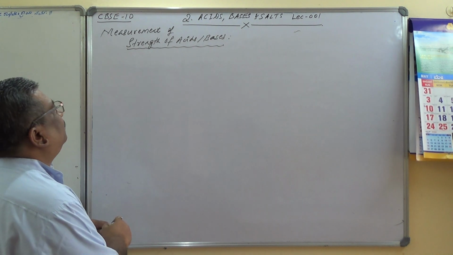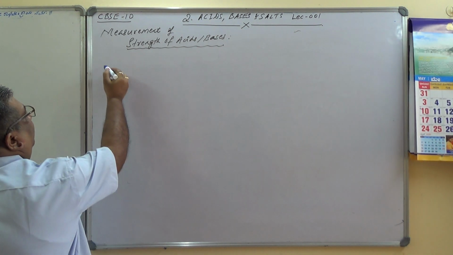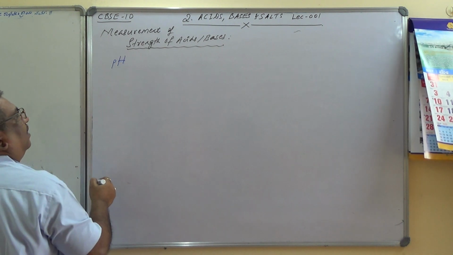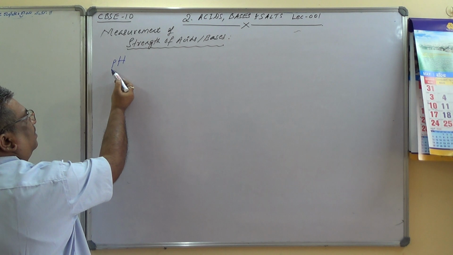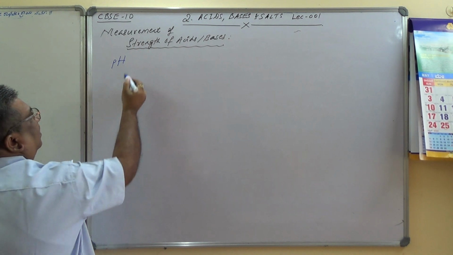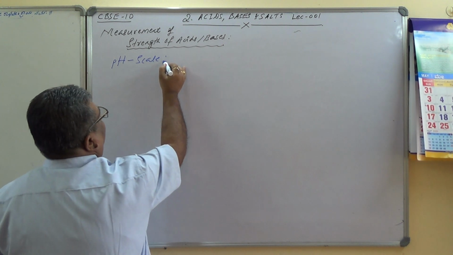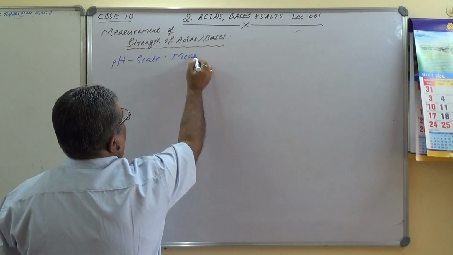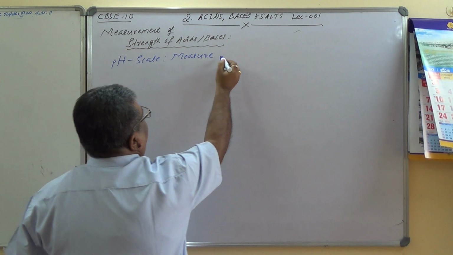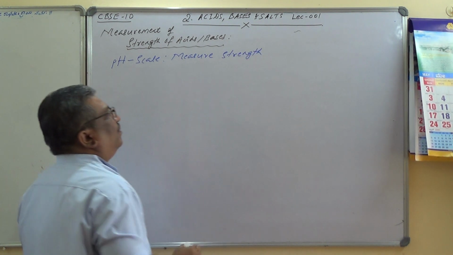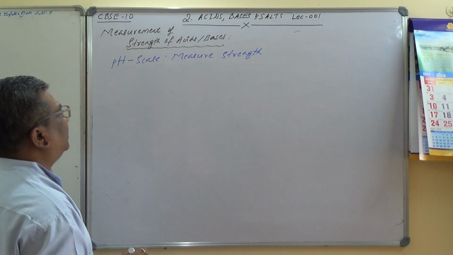Now, pH scale. P is small letter, H is capital letter here. pH scale is used to measure the strength of acids and bases.